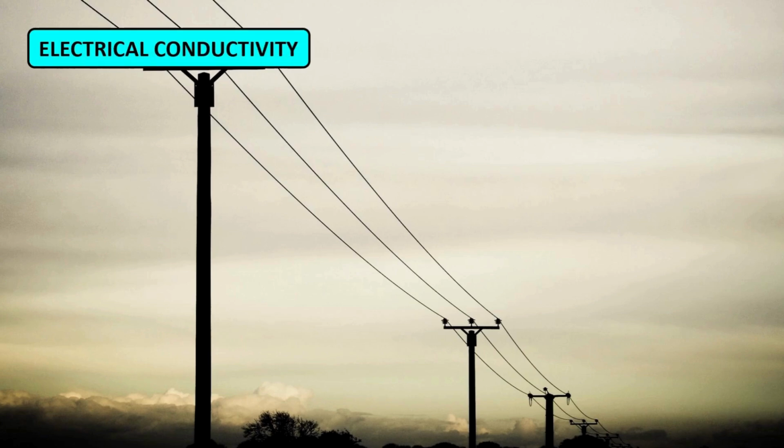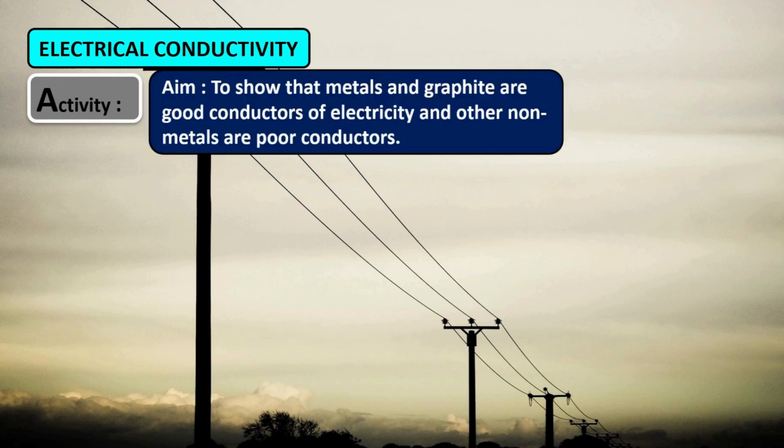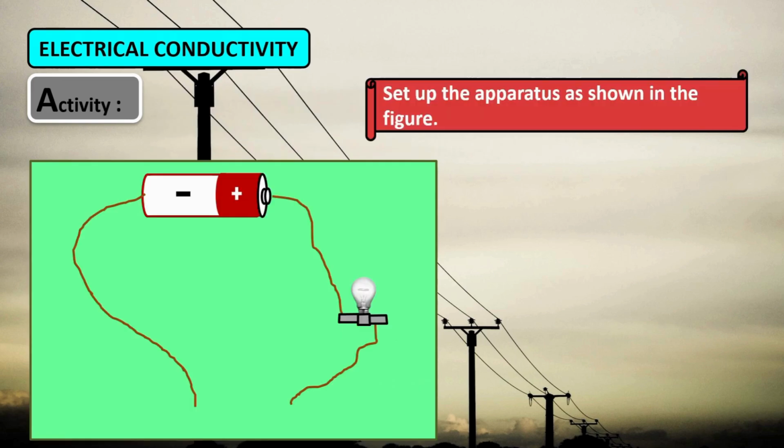Electrical conductivity. Activity. Aim: to show that metals and graphite are good conductors of electricity and other non-metals are poor conductors. Set up the apparatus as shown in the figure.